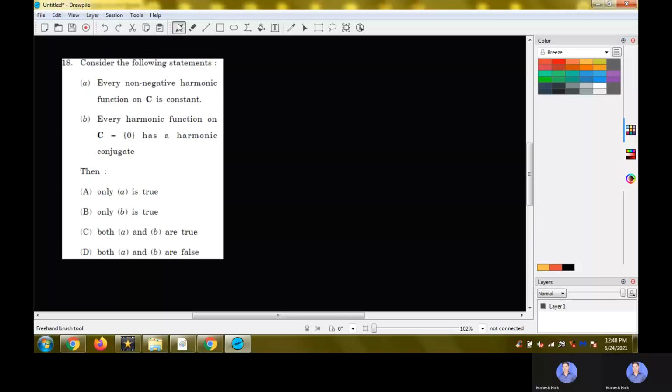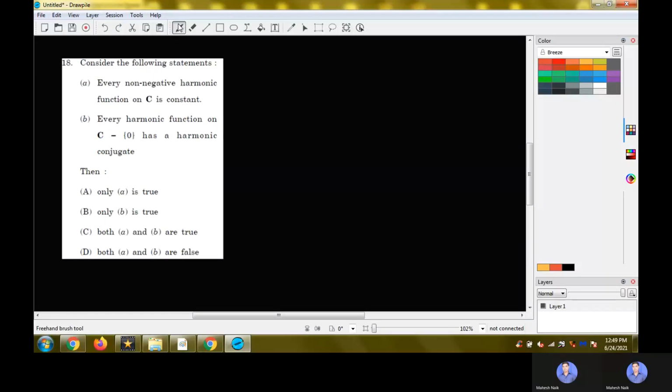The first statement says every non-negative harmonic function on C is constant. Okay, so we can prove this statement with the help of a theorem. The second statement is every harmonic function on C minus 0 has a harmonic conjugate. Again, there is a theorem which states that every harmonic function on a connected space has a harmonic conjugate.